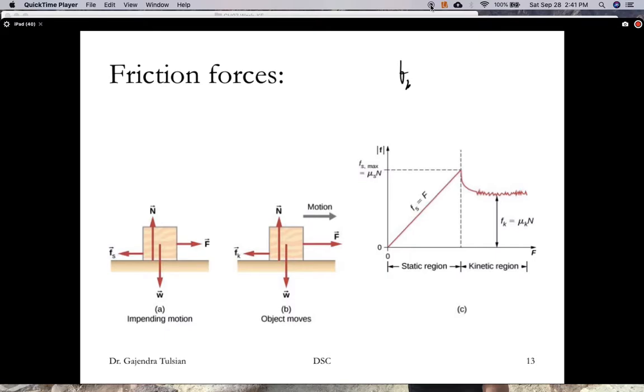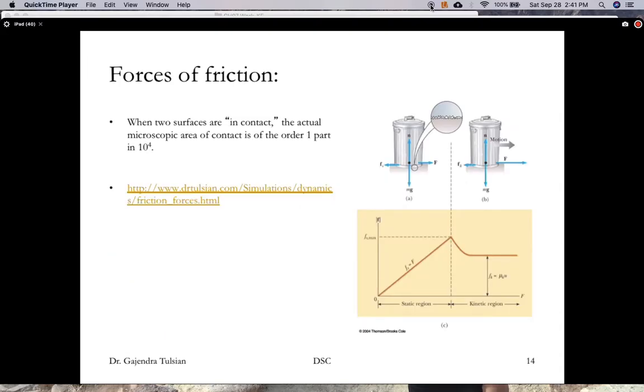So the kinetic friction force is always less than the maximum static friction force. And that's what this diagram is showing you. See, there is this maximum static friction force, and there is the kinetic friction force, which is less than that.